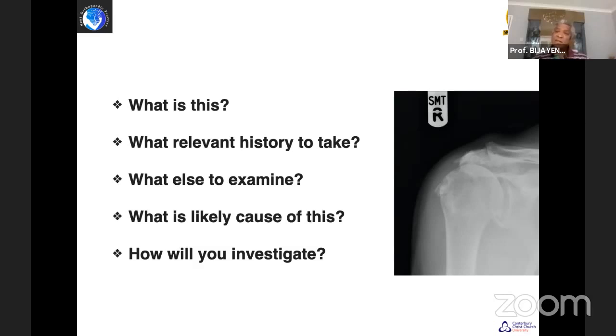Once you've released the subscapularis, before that, the easiest way to identify this is to identify the long head of biceps if it is present. The long head of biceps will lead you to the rotator interval, and that makes identification of the top of the subscapularis and the peeling of the subscapularis much easier.